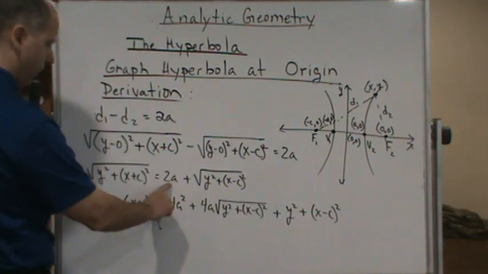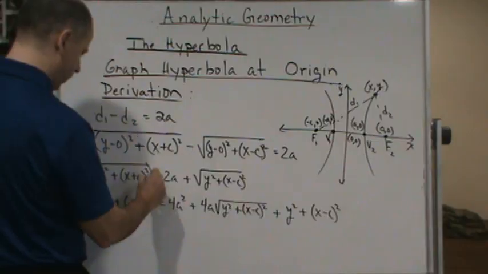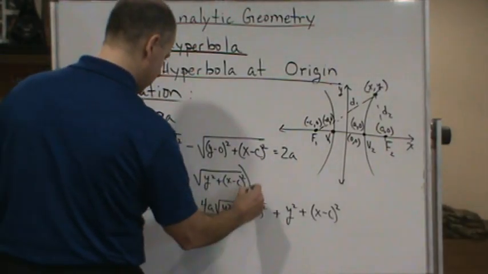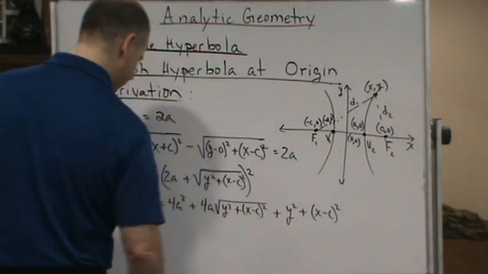So all I did was square this side and square this side, and expanding this gives me this.